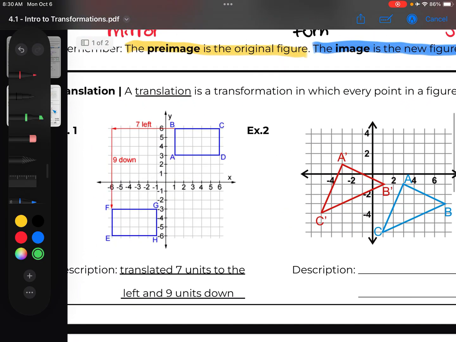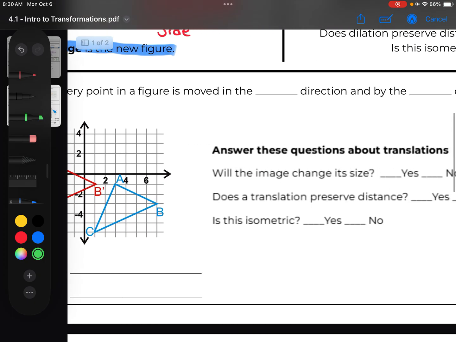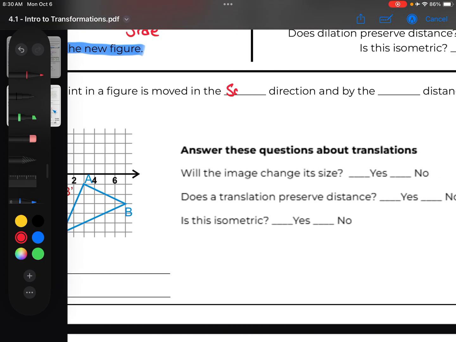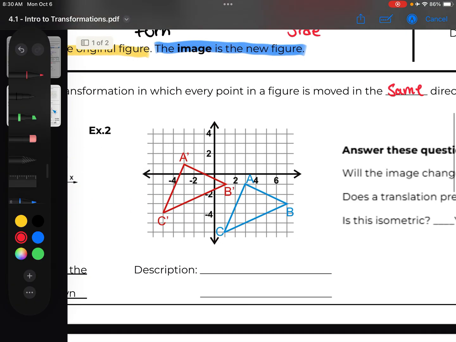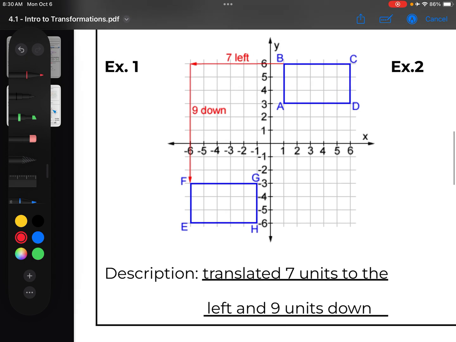So we're going to come down here to a translation. Once again, a translation is a transformation in which every point in a figure is moved in the same direction and by the same distance. So we are going to jump into example 1. The original figure looks like a rectangle, A, B, C, D. It is slid or translated 7 units to the left.